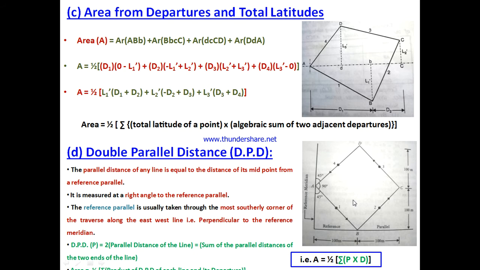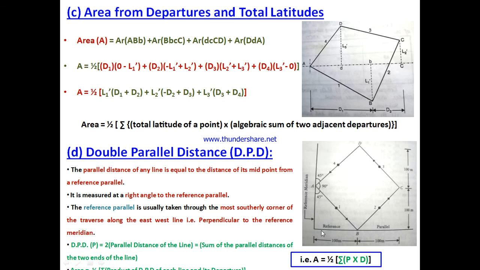Now the fourth method is the double parallel distance method. In this DPD method, we need to determine the parallel distance of any line, which will always be equal to the midpoint from a reference parallel. In almost all the methods we have discussed till now, we form a reference meridian passing through the extreme westerly coordinate or extreme westerly station.